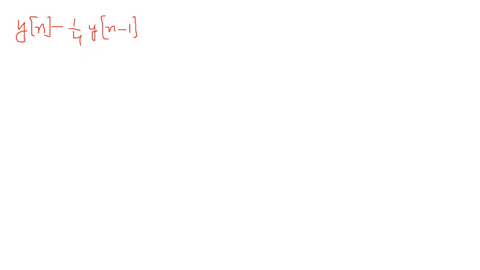So this is equal to x of n. This is given. You know, for natural response we replace the input with 0. So we can say that this is synonymous to what we do for the homogeneous solution. So let's find the natural response for the system.